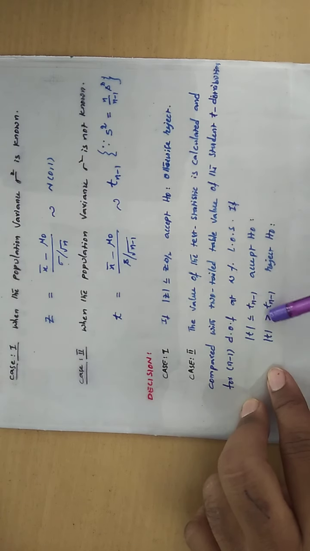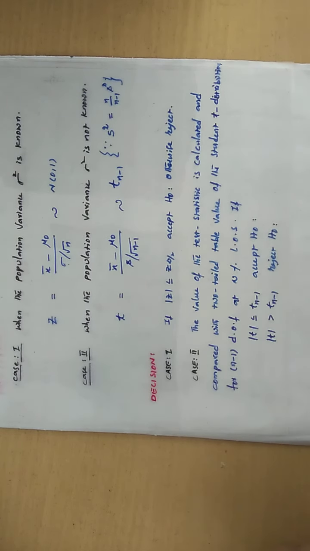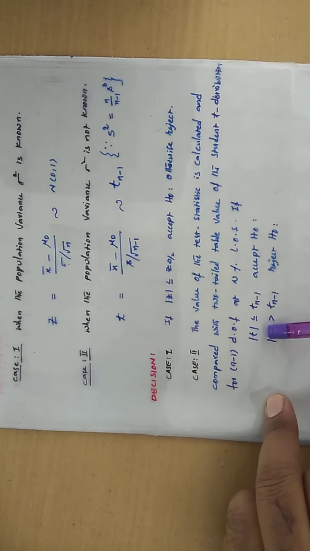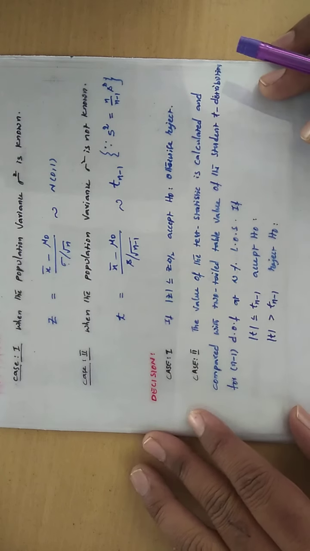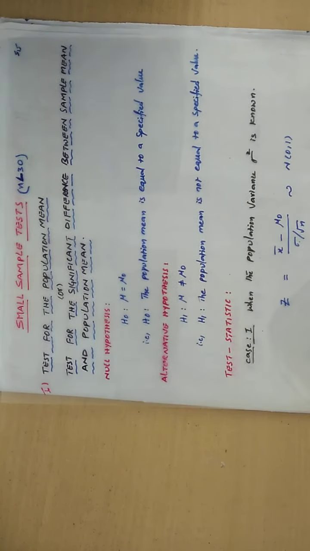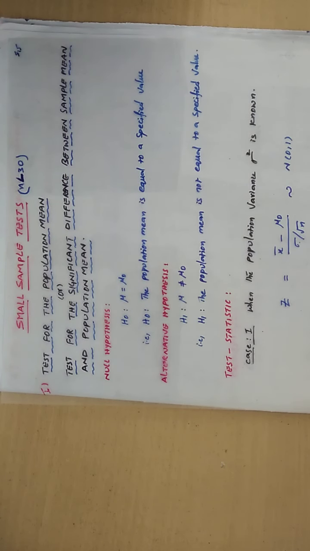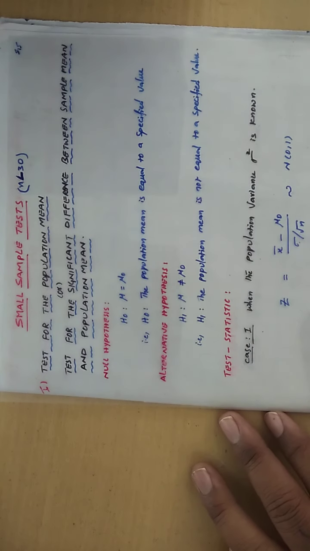So in this decision making there is no change. The only thing changing is the distribution, the T distribution. So what do you call this? The test for single mean. That means the population is compared to any given value under the small sample test. This is test one.